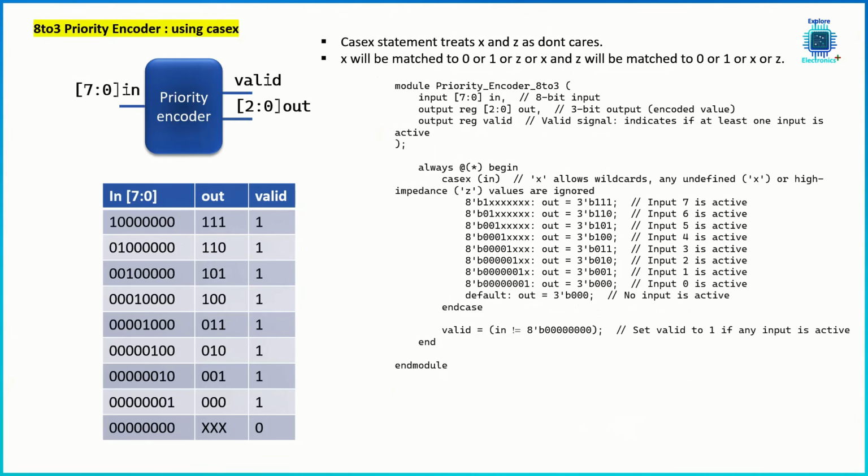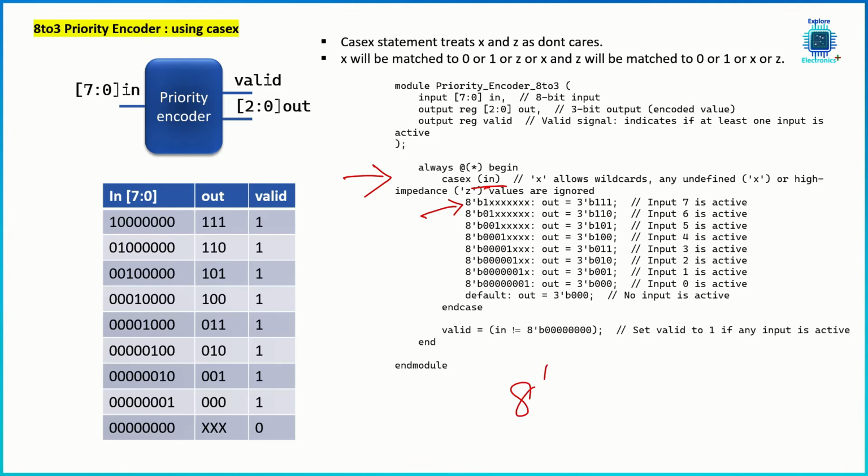We can also implement it using casex. Why is casex required? Why not a case statement here? Casex allows us to assign the values, whatever comes as input, directly mapped to X. Suppose we use casex over here, casex of input, and here is the first statement of the case.